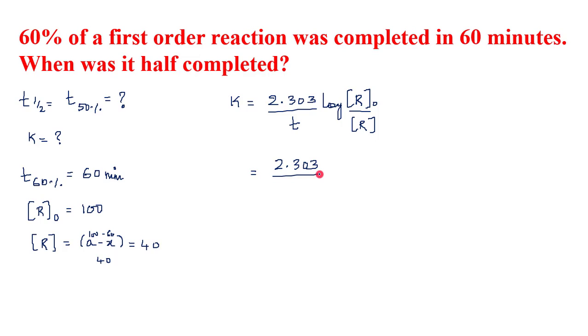So 2.303 divided by how much is the time given now? t 60% है, तो 60 minutes यहाँ पे लिख देंगे. It is given 60 minutes. Log of r naught value is 100 and r value is 40.